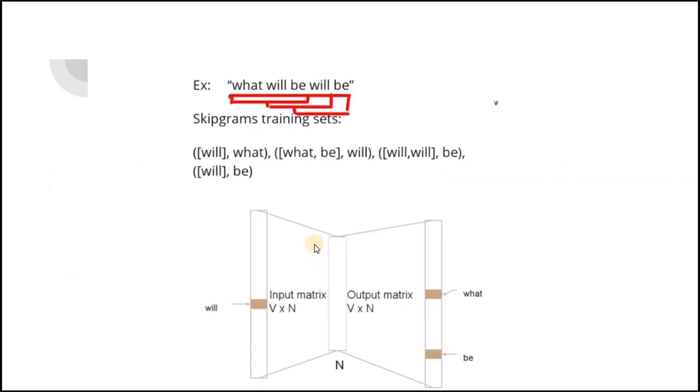I will take an example which is very classic to begin with, and also to understand in very simple terms. Let me take a sentence or a context: what will be will be.